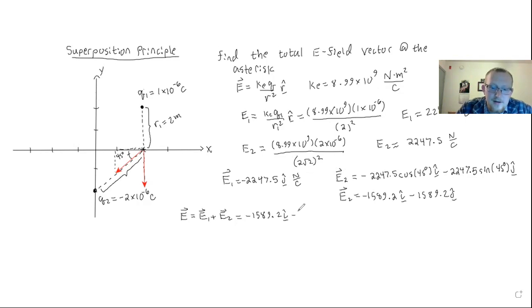And we end up with negative 3,836.7 in the j direction, units in newtons per coulomb. All right, so that's the superposition principle. I suppose just as a review, right, there was no charge here. We were just kind of looking at a point of interest.